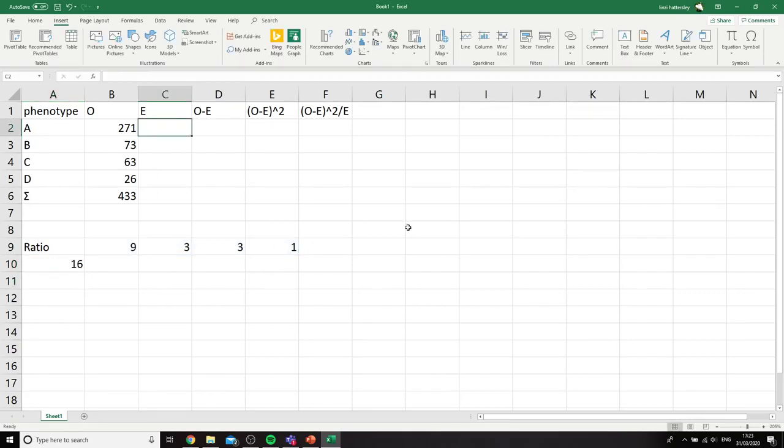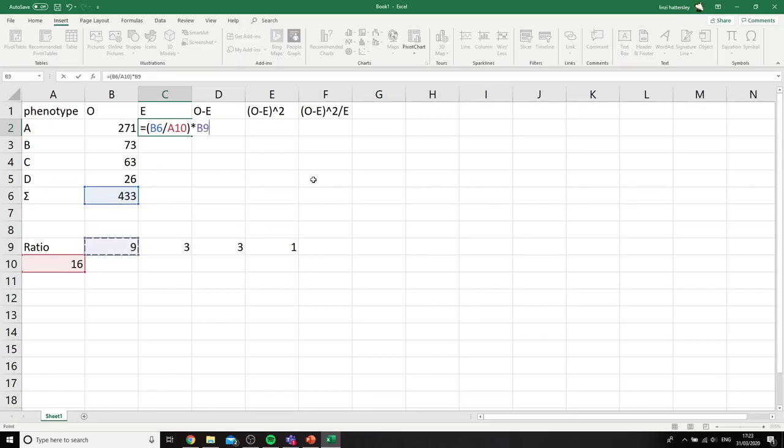So to figure out your expected, you're going to press equals, open the bracket, take 433 and divide it by 16, close the bracket. Then you're going to times by 9, or times by the respective ratio that you would expect.